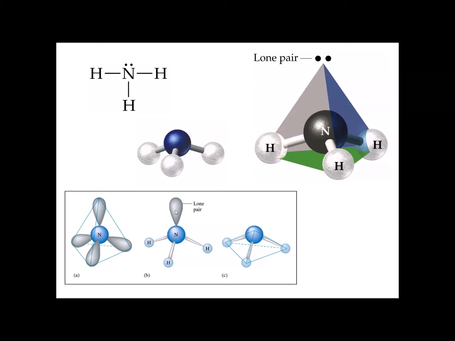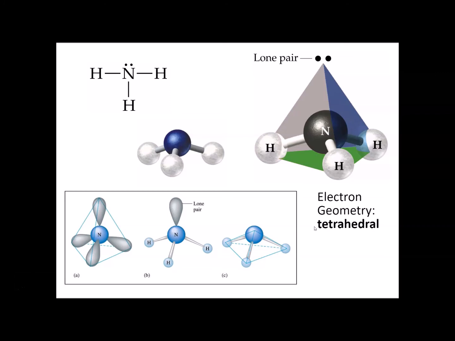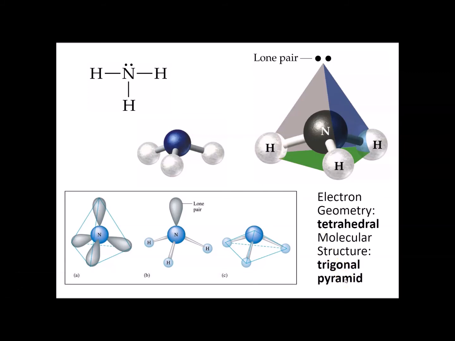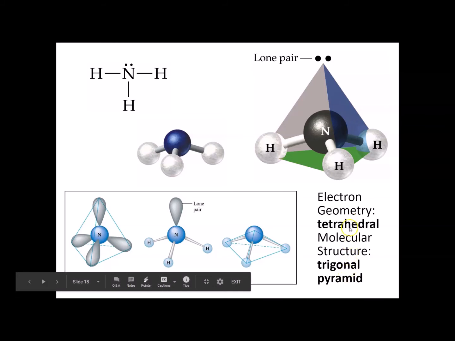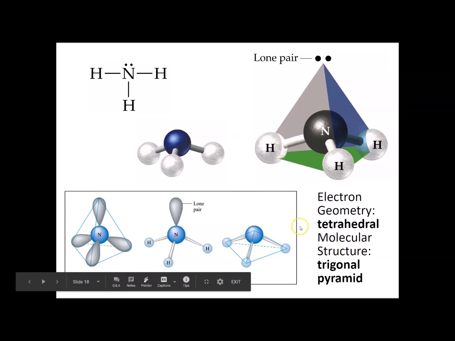So if you mentally subtract out that lone pair, what do you have left? A triangular-based pyramid. So we call the electron geometry for ammonia tetrahedral. We call the molecular shape or molecular structure trigonal pyramid. Notice those are not the same. Tetrahedral and trigonal pyramid are not the same. Let's do another example.